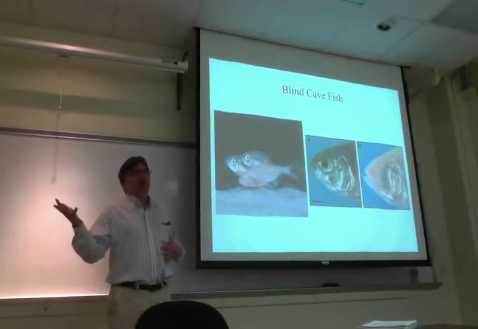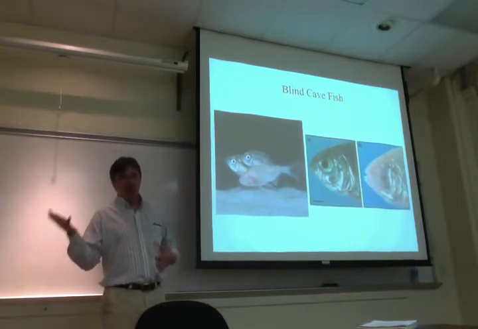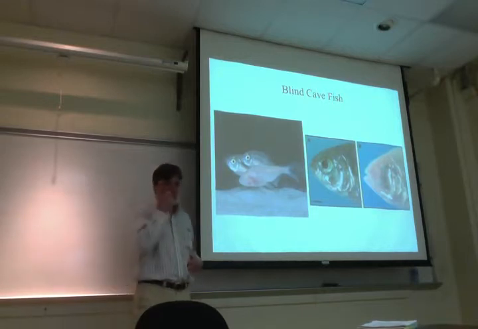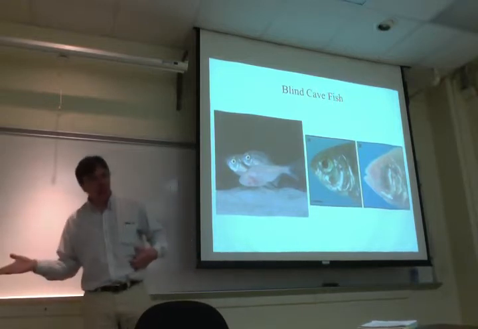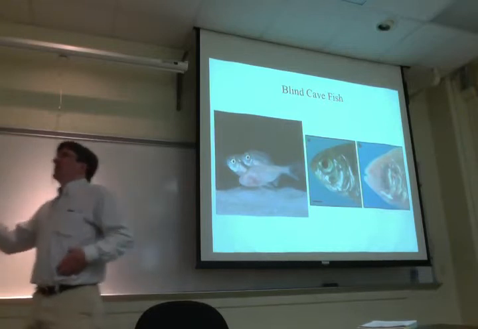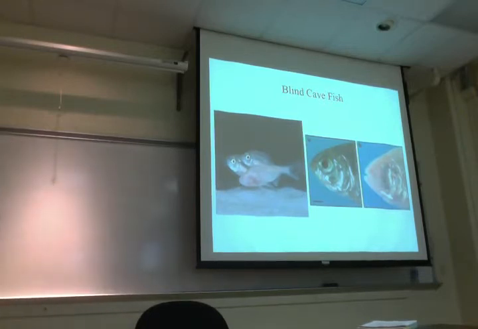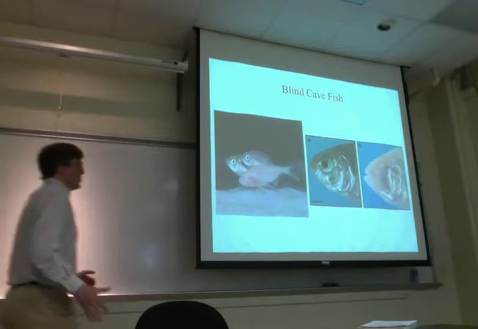And if you're a surface fish and you need your eyesight, any kind of change that causes a fish to lose its eyesight is going to be detrimental to it, right? So having eyesight is going to be selected for, lack of eyesight is going to be selected against in surface fish. But in the cave fish, there's no selection against lacking eyesight, right? If you lose your eyesight in the cave fish, well, who cares? You can't see anyway, so losing your eyesight makes no difference.